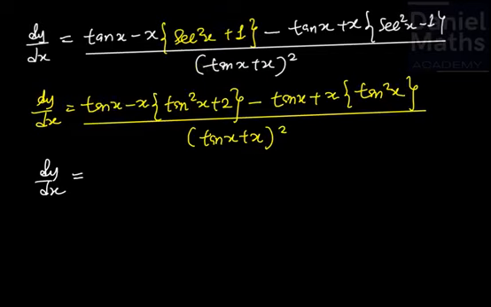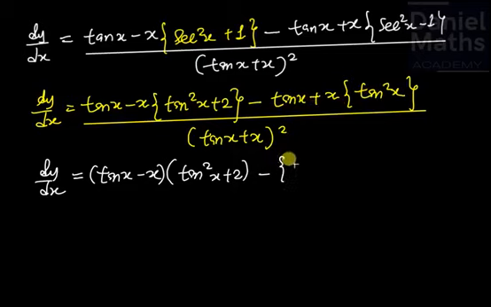I'm still going to have tan x minus x into tan square x plus 2, and then here I will have minus, this times this will give me tan cube x, and then plus x tan square x.